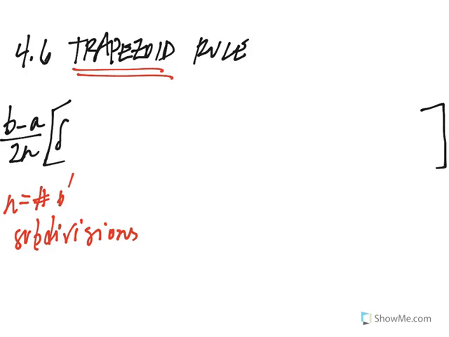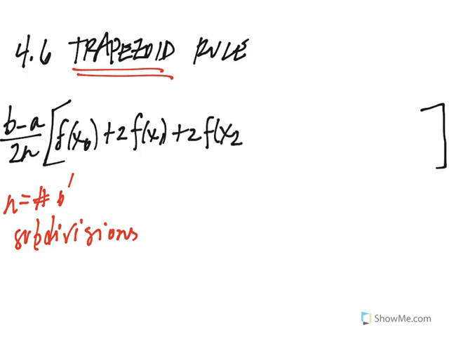You're going to start with f of x sub 0. That's the far left-hand y value, or like the height or the first base of the first trapezoid, plus 2 times f of x sub 1 plus 2 times f of x sub 2.